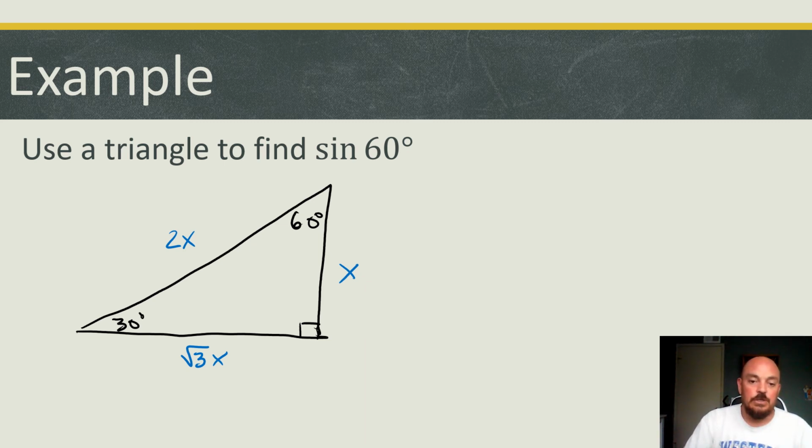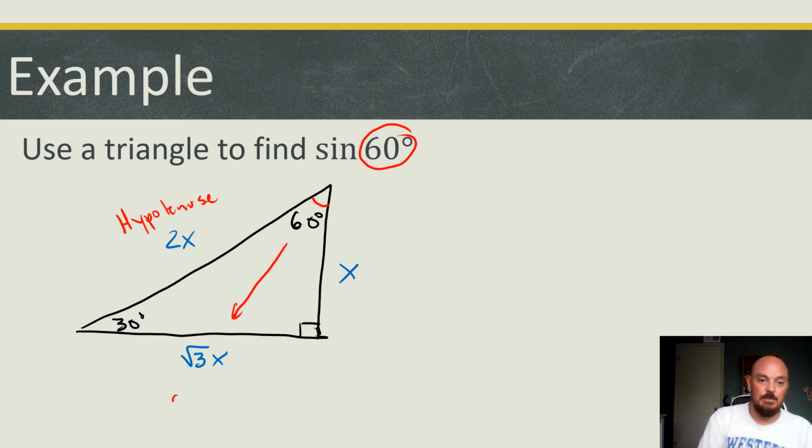Now in my picture, the 2x is definitely the hypotenuse because it's opposite from the right angle. If I'm asking you to find sine of 60, that means the 60-degree angle is the angle I'm using in this problem, which means this one is opposite. And then again, by process of elimination, this one would be adjacent.